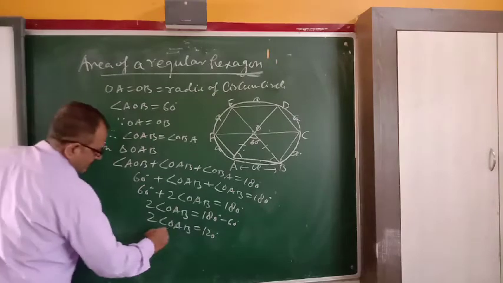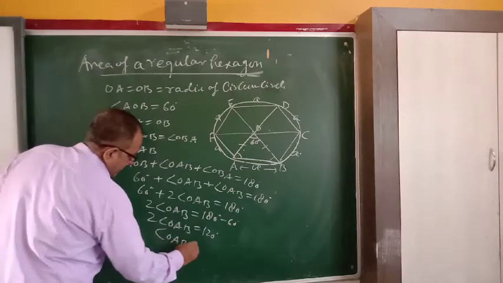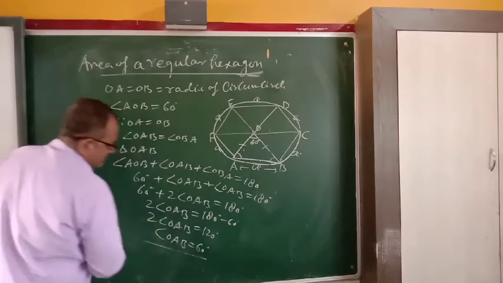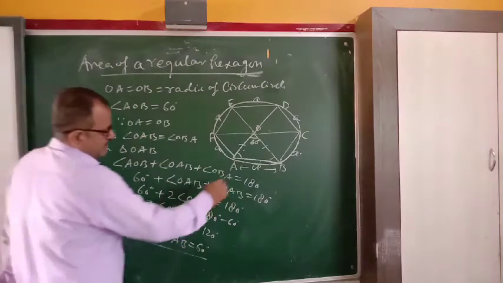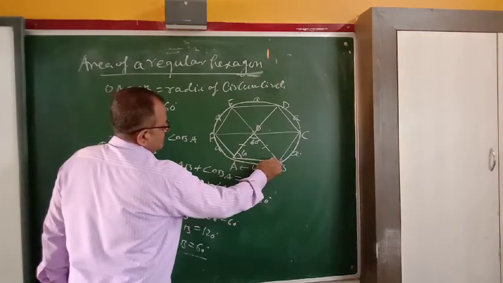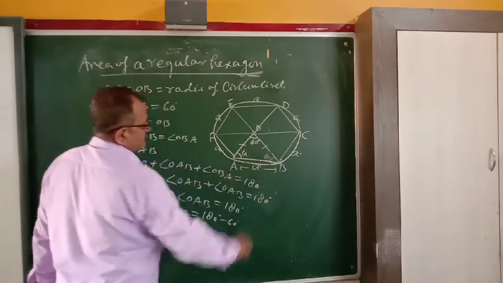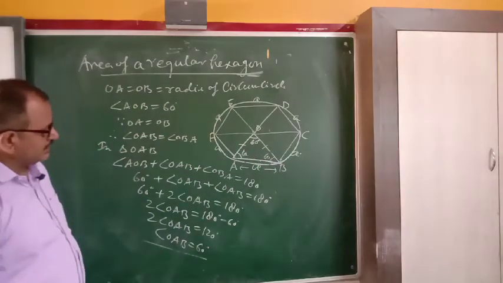So angle OAB is 60 degrees, and angles A and B are both 60 each.